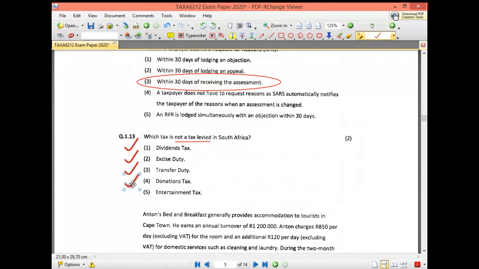Companies pay donations tax irrespective of the value. So that means entertainment tax is the one that is incorrect. Okay, we do not have something like entertainment tax in South Africa. That is more an American tax.